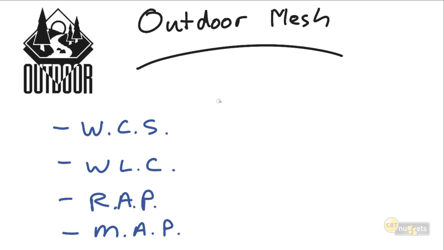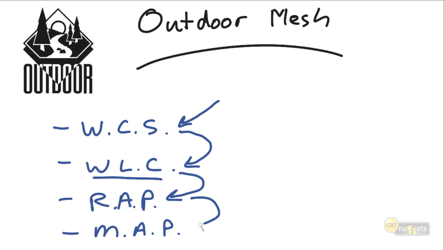They have a wireless control system that will be in charge of monitoring and managing this. It works in conjunction with wireless LAN controllers. It works in conjunction with something that's called the root access point. This is typically on a rooftop or a tower, and it is in charge of the mesh access points.